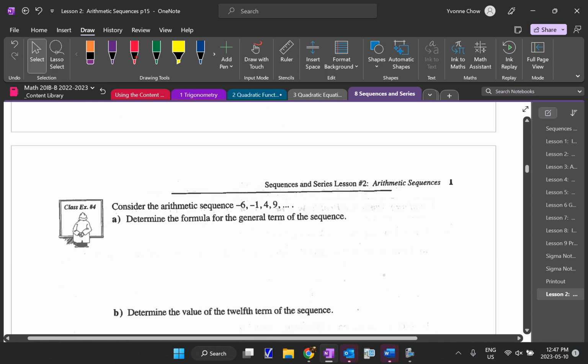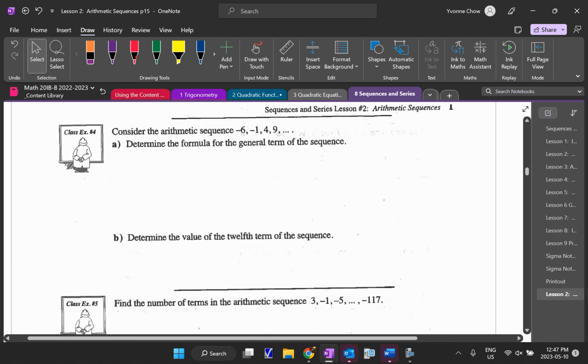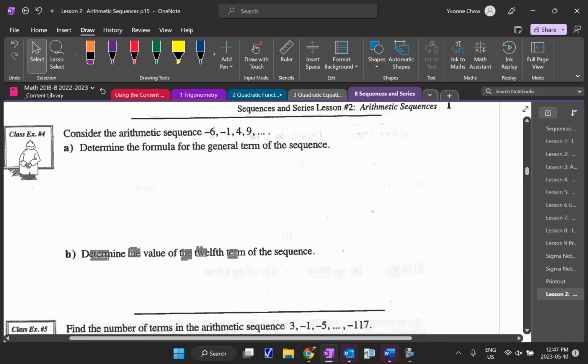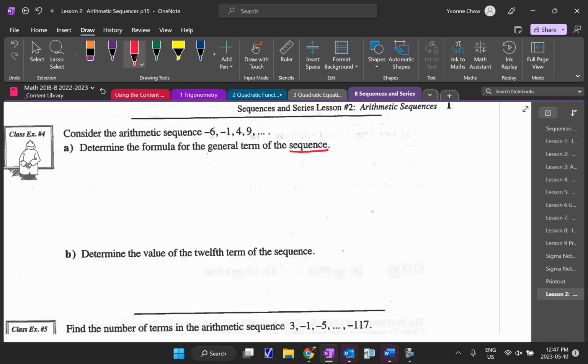Okay, let's take a look then. In class example number 4, consider the arithmetic sequence and determine the formula for the general term of the sequence. What we're looking for is to use the formula Tn is equal to a plus n minus 1 times d, but we're going to make it specific for this sequence. So what do we know about this particular sequence?